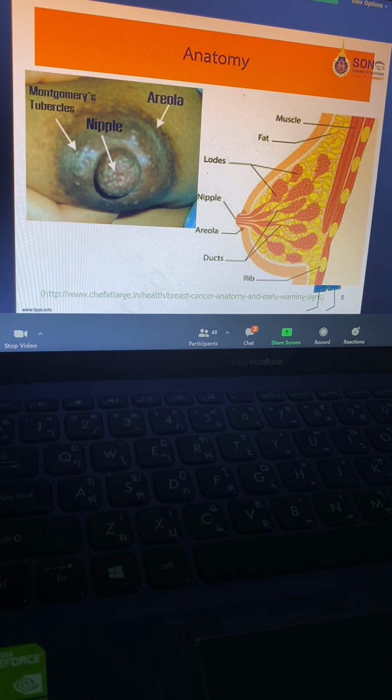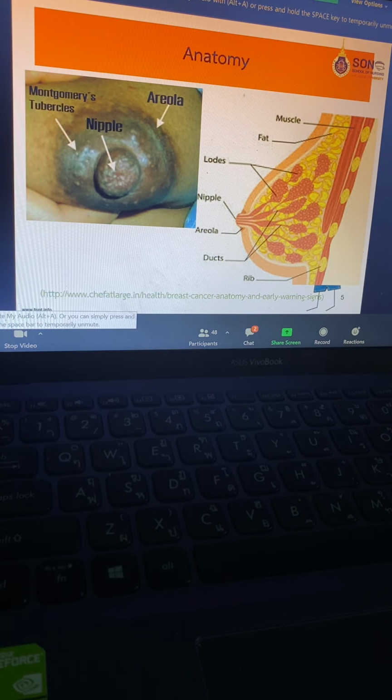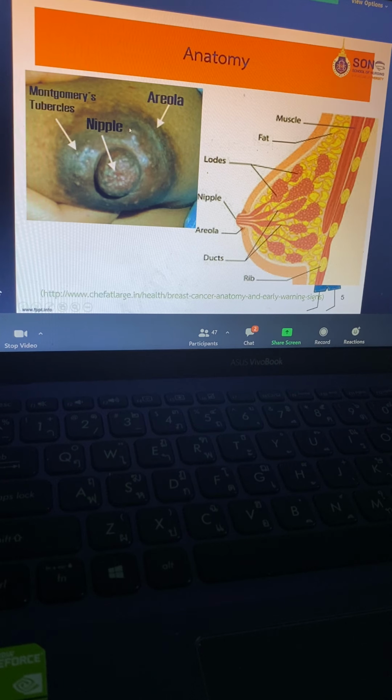What is nipple in Thai? หัวนมค่ะ. And the area around the nipple, you can call in Thai. ลานหัวนมค่ะ.